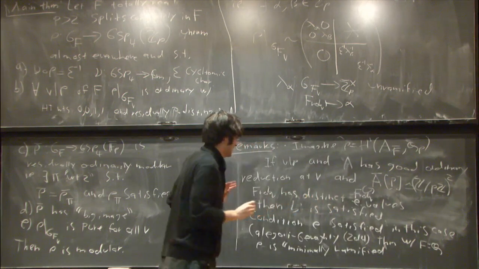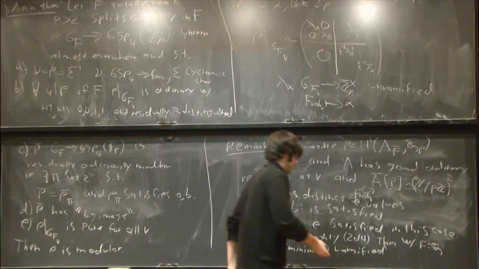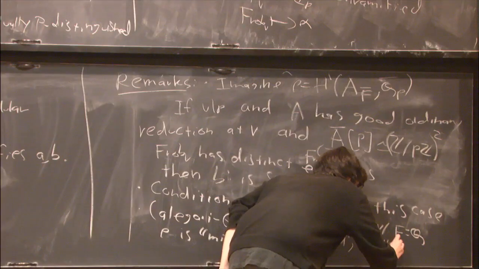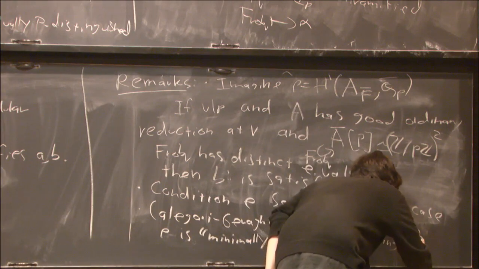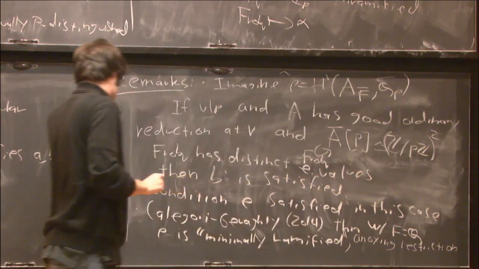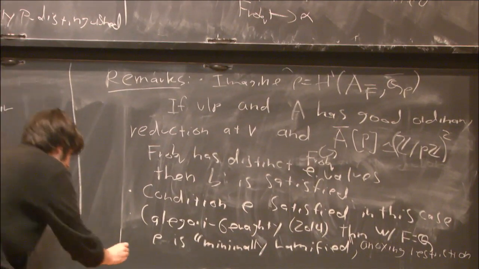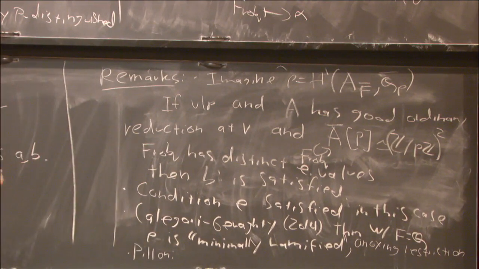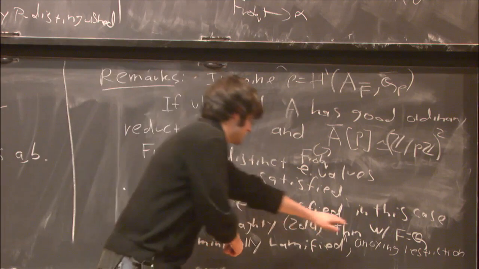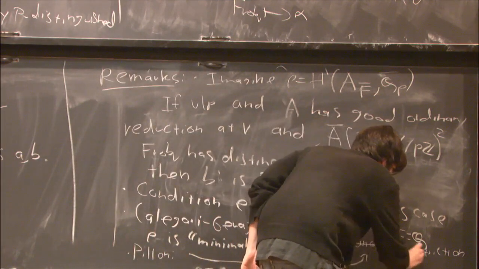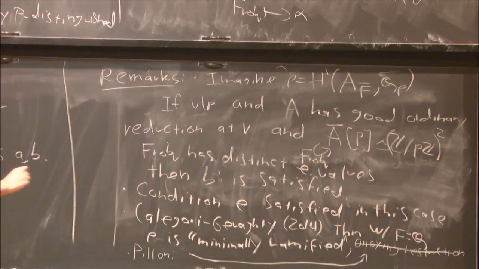And additionally, some annoying technical restriction, which I'll say a little bit more about later in the talk. And then Poloni gave a different proof, again with these hypotheses, but he saw how to eliminate this annoying restriction.